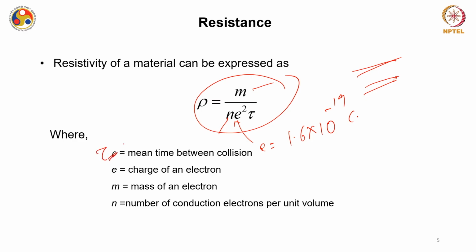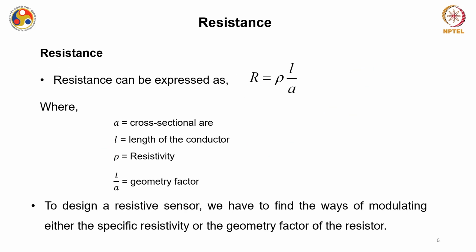Tau is the mean time between collisions. So resistivity can be calculated by this formula, m by n e square tau, where tau is the mean time between collisions, e is the charge of an electron, m is the mass of an electron, while n is the number of conduction electrons per unit volume in that particular conductor.